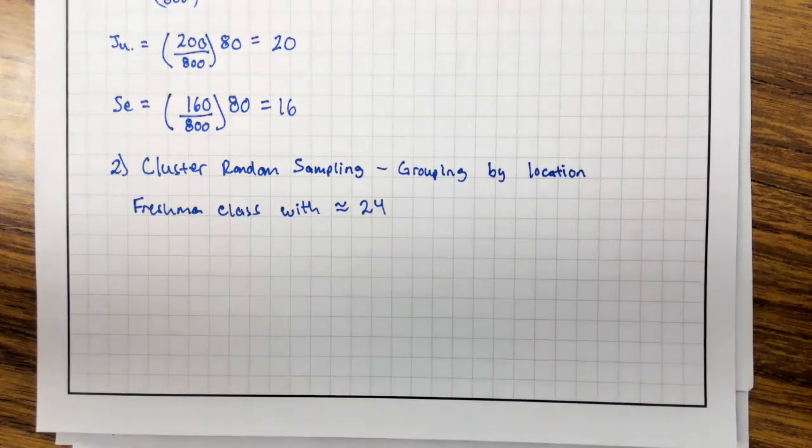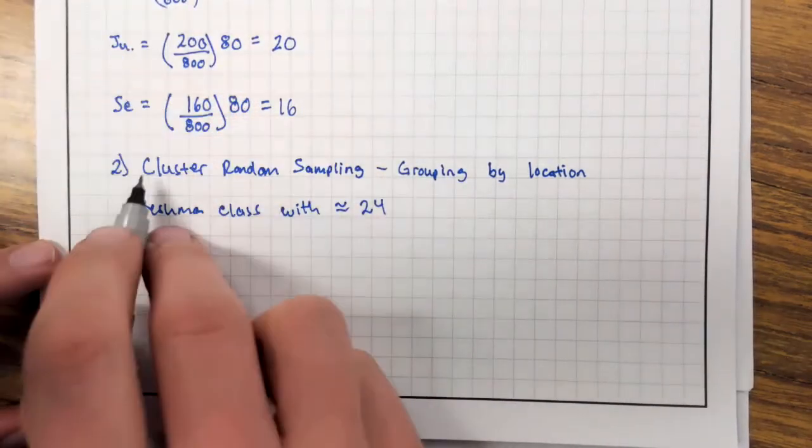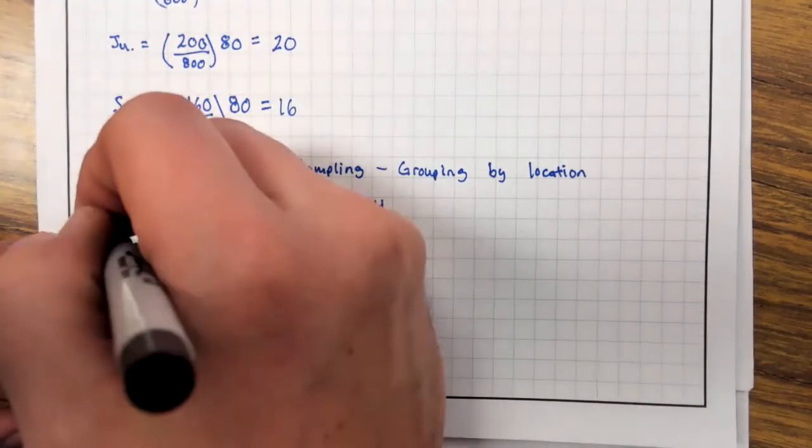To not get confused between stratified and cluster, because they are pretty similar: what you do with stratified is group people into strata and take some from all of the groups. Maybe I can just write this down to clarify.